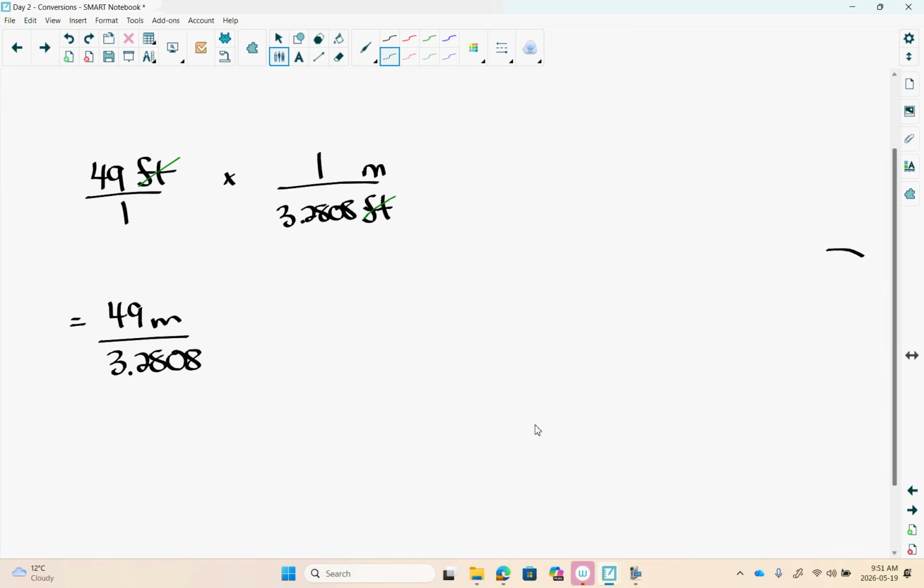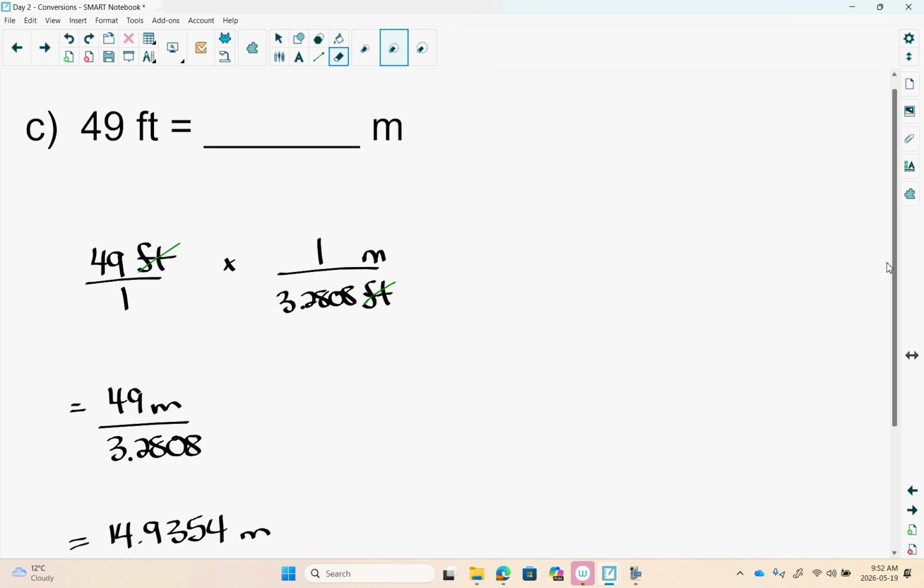I'll go 4 decimal places because that's what the other one's for. 14.9354. What would the units be? Meters. 14.9354 meters is the final answer.